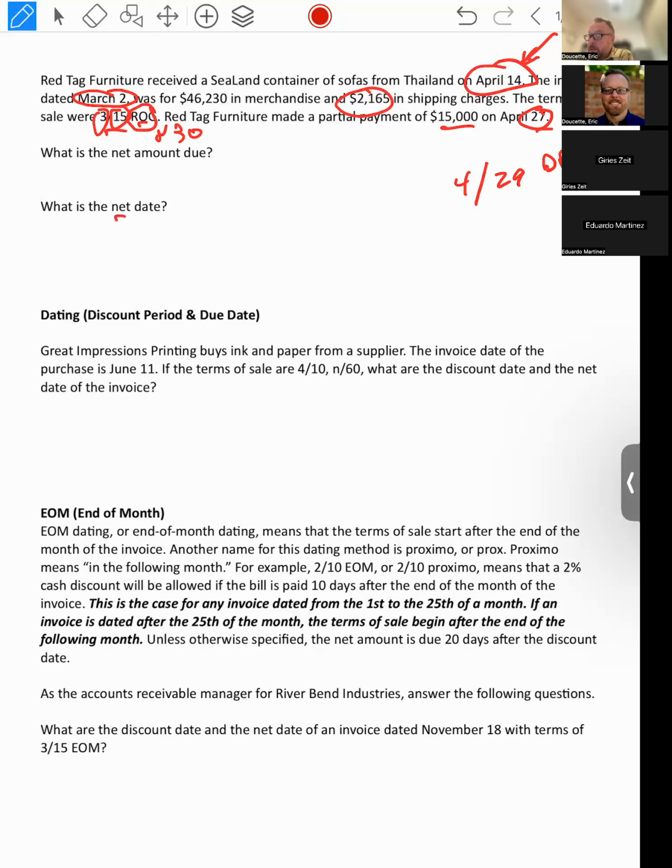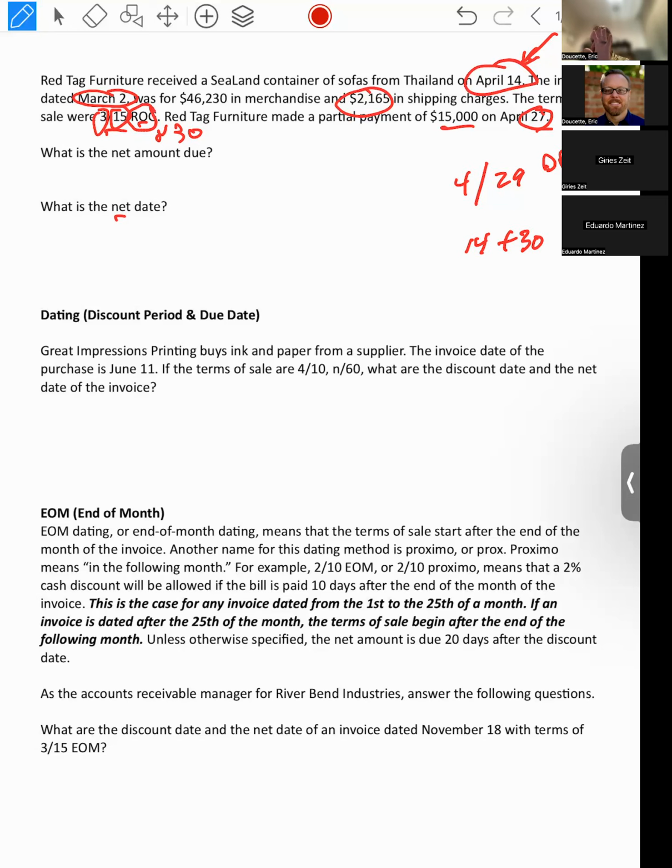When's it due? So again, if we had April 14th, and we're going to add 30 days to it, I would just get out my calculator and start counting: the 15th, 16th, 17th, 18th, 19th, 20, 21, 22, 23, 24, 25, 26, 27, 28, 29, 30. That's 16 days in, the 30th of April, and then we have May.